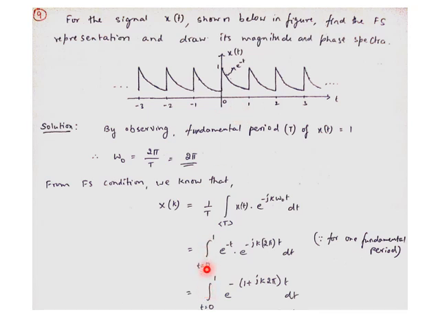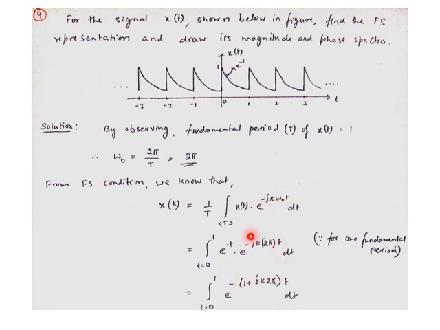So the integration limit, now I will take t equal to 0 to 1, and for the fundamental period 1 by T, T is equal to 1, so 1 by 1 is 1 itself, so the integration is directly written from t equal to 0 to 1. What is x of t in this interval? It is e to the power minus t into the exponential factor, that is e to the power minus jk omega naught, which is 2 pi, into t dt.